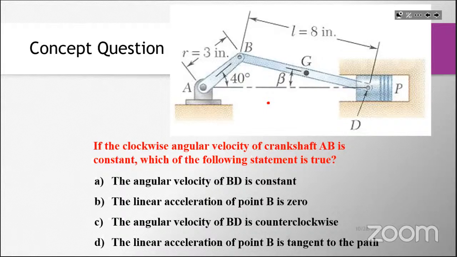That's B. C, the angular velocity of BD is counterclockwise. Thinks it's C. And D, the linear acceleration of point B is tangent to the path.